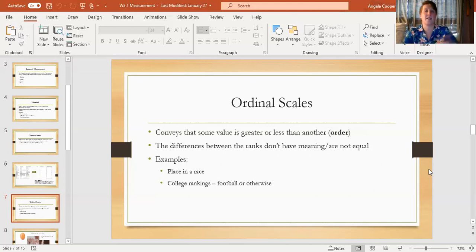Third place can come in at 8 minutes. Maybe he just started slacking off, or maybe he had a Charlie horse or something. I don't know fitness, but with ordinal scales, the distances between these ranks of first, second, third don't have to be equal. They don't necessarily have to be 2 seconds between each. It's more so just how it fits.